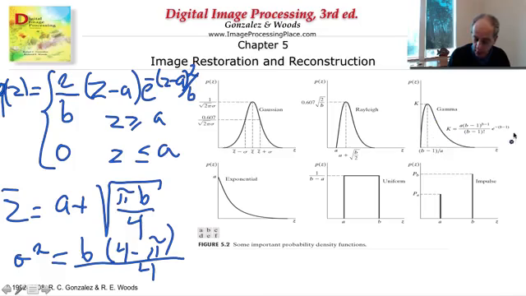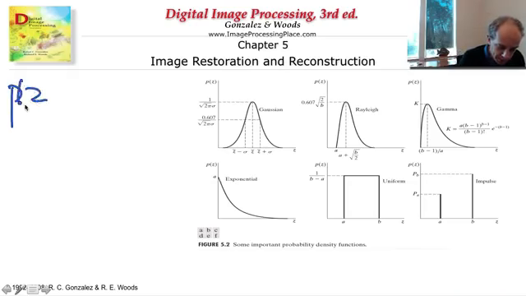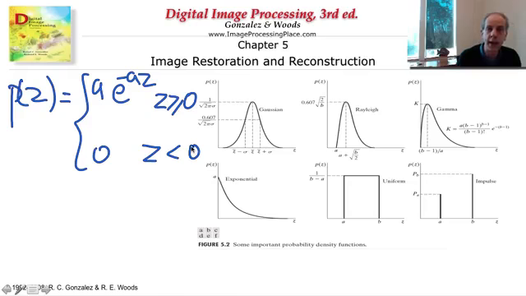Then you have the gamma noise, here is the formula. Let's just talk about the exponential noise. Once again, let's start by writing the formula. The probability of z, of a certain value of the noise, is, and this is going to be very important in a second, e to the minus a z when z is positive, and 0 when z is negative.